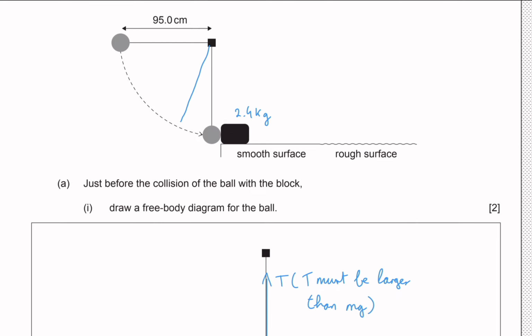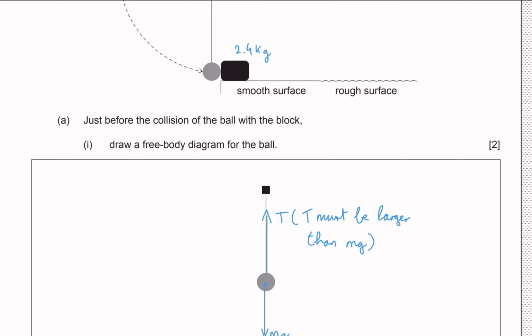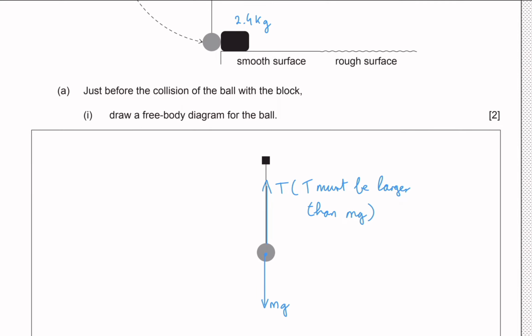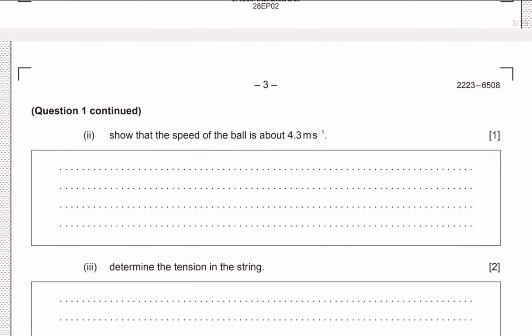When it was a little bit further back, gravity acted like this, tension acted like this, and then the tension had a horizontal component which acted as the horizontal force. But when it's vertical, that is no longer the case. And even if we would need to draw a case where it's like this, we would only draw mg and the tension. We don't draw components on a free body diagram. So these are the 2 forces.